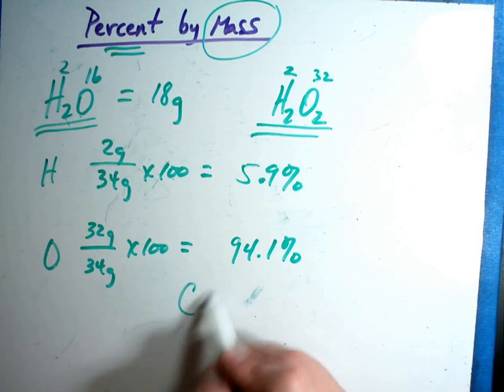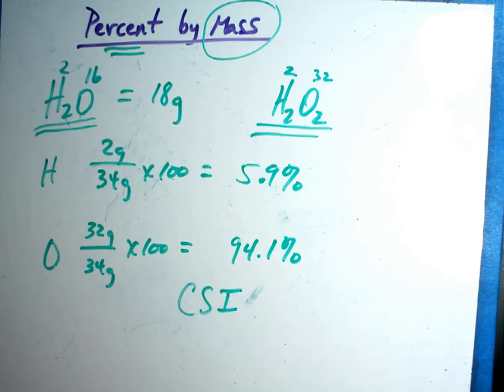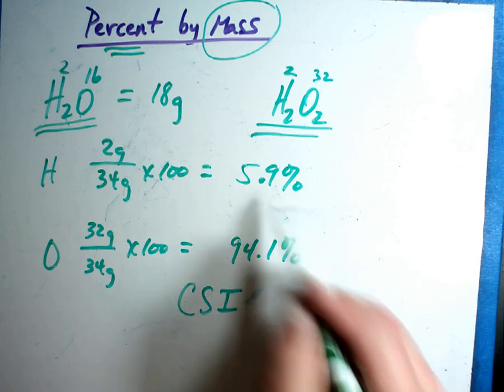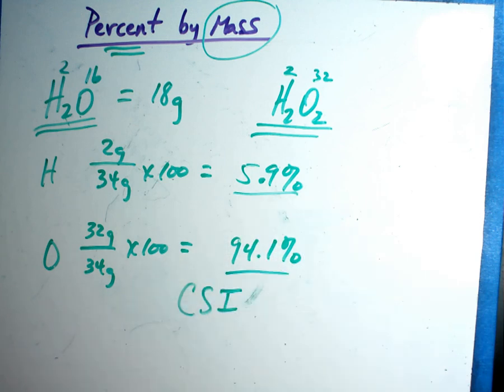That's a very popular television show right now, crime scene investigation. When they find an unknown substance, they'll scrape it up and send it to the lab, and it'll be analyzed, and they'll come back with percentages of the elements, and that percentage of the elements is going to help them know what that actual substance is.